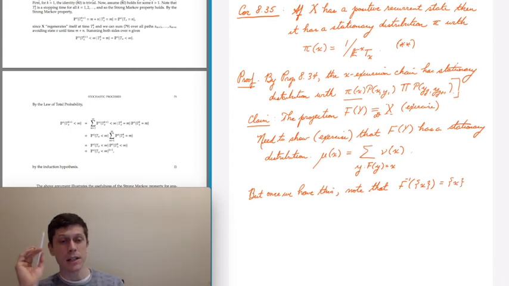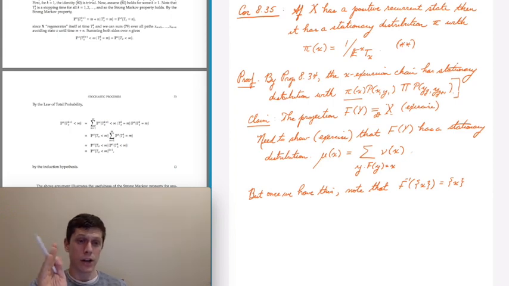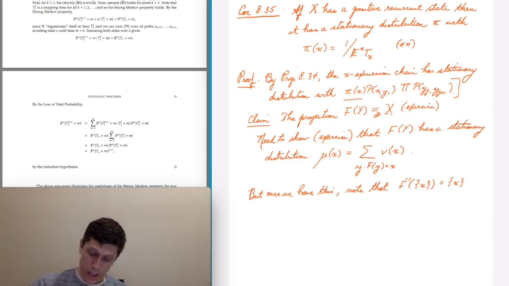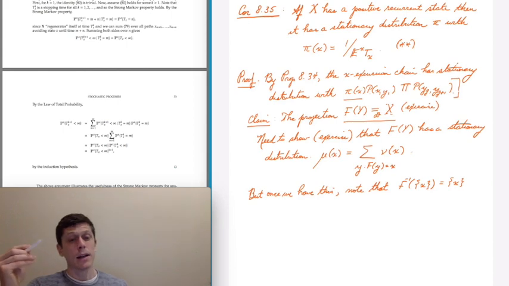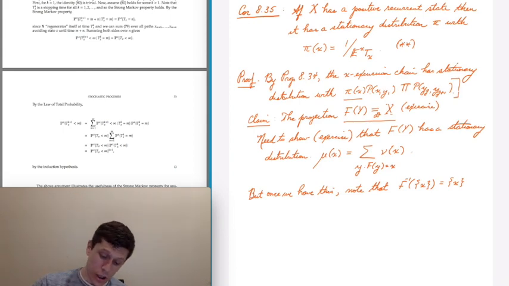So every time that the excursion chain is in state X, the X chain is in state X, and every time the X chain is in state X, the Y chain is in state X. That's an equivalence, and that's because, by the definition of this as an X excursion chain, we erase the entire excursion every time we revisit X. Therefore, if this relationship holds here, then the stationary probability of the state X in the X excursion chain is going to be the stationary probability in the X chain itself.